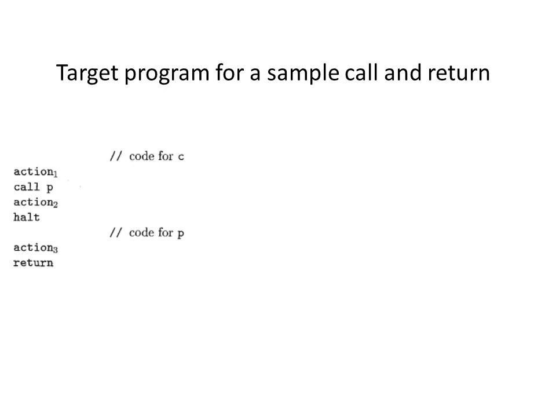Call P, from the procedure C, calling another procedure P. Action 2 and again halt. Next is the code for procedure P, where action 3 is there and the return statement is there. This is the target program for a sample call and return.